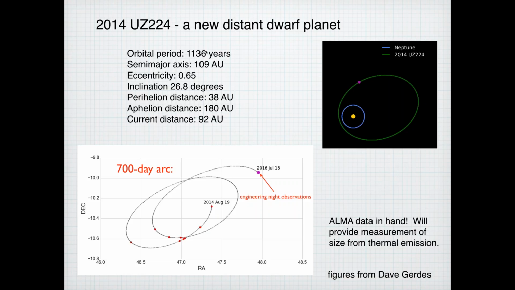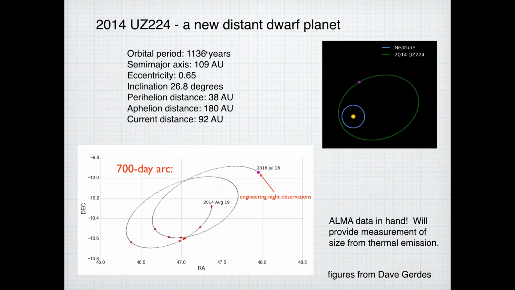We put in a director's discretionary time proposal. The director accepted it. We have radio observations from ALMA that give us the intrinsic thermal emission from this object. These things out there beyond Pluto have surface temperatures of 25 to 30 Kelvin, and ALMA is the place where you can detect the thermal emission. So we have the data in hand, and we're doing the size measurements right now.